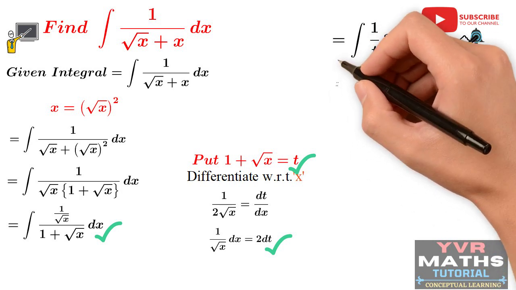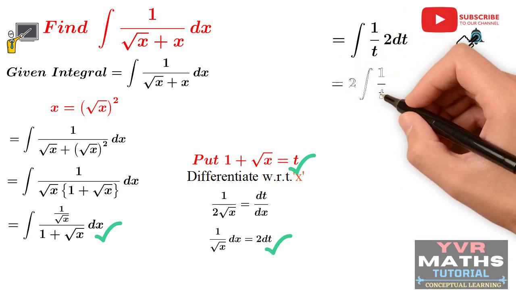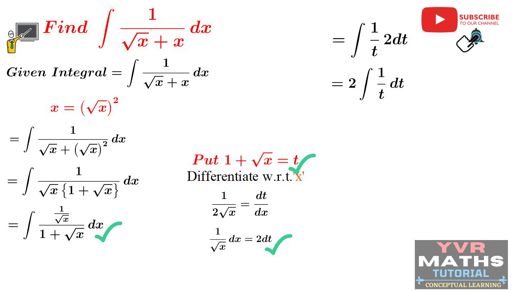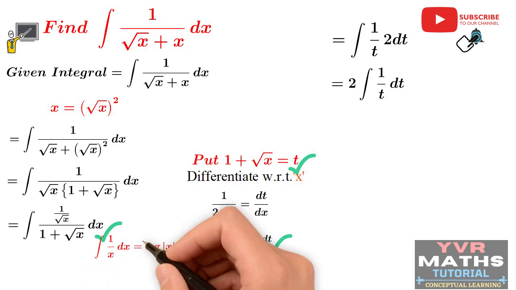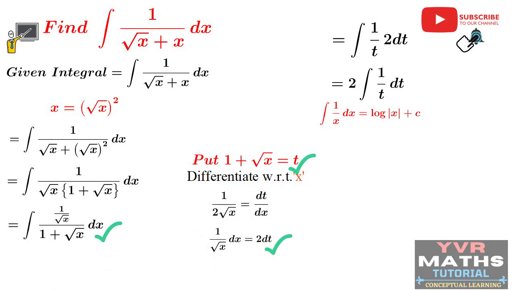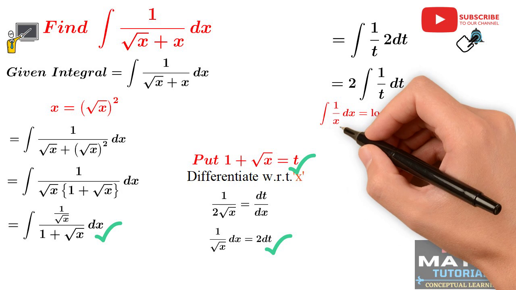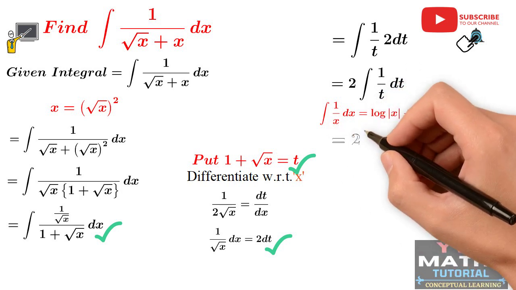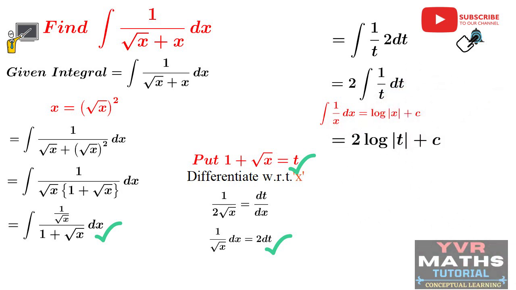Then what we will get? See here, 2 into integral of 1 by t dt. We know the standard integral formula, integral of 1 by x dx is nothing but log modulus of x plus c. So by using this standard integral formula, what we will get? See here in the next step, 2 log modulus of t plus c.